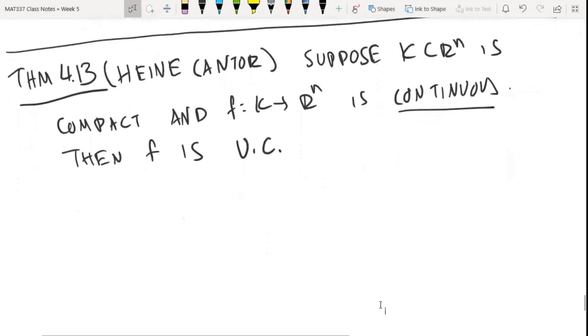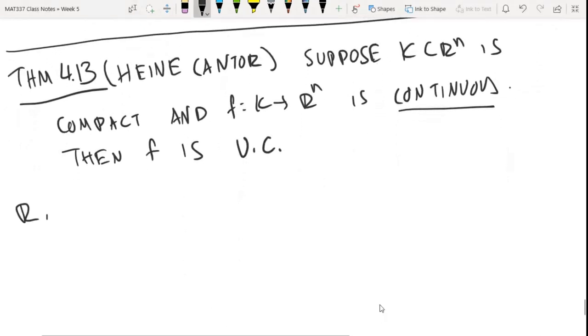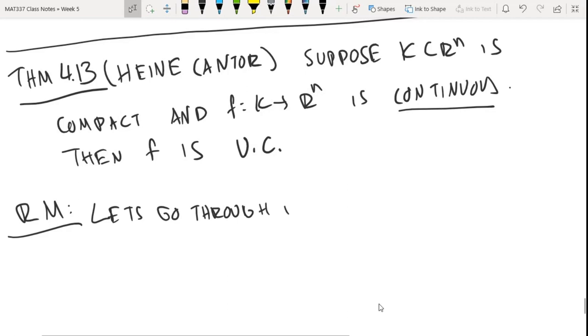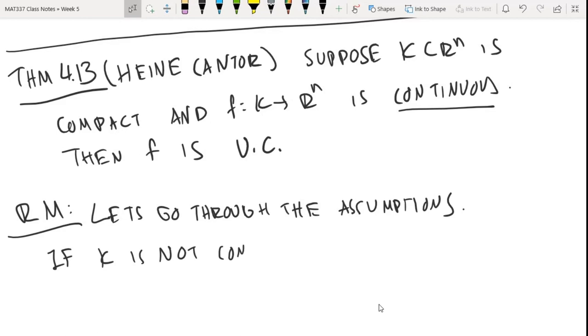Let's see. As a remark, going back to what we talked about with Austin, let's go through the assumptions. If K is not compact, take f to be 1 over x on (0, 2).